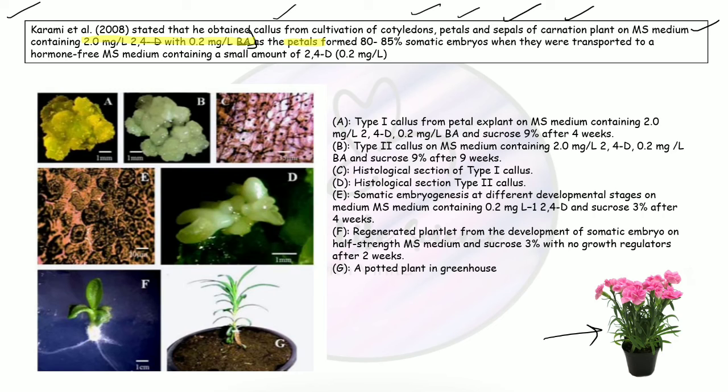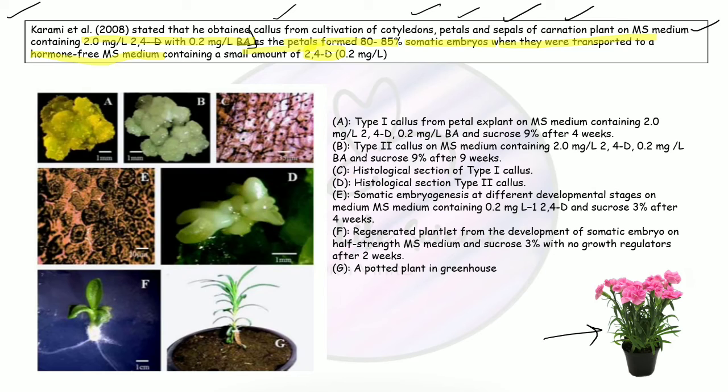You can see here the petals formed around 80 to 85% of somatic embryos. From the petal callus, they induced somatic embryogenesis. Then they were transferred to hormone-free MS media containing a small amount of 2,4-D, around 0.2 mg per liter.